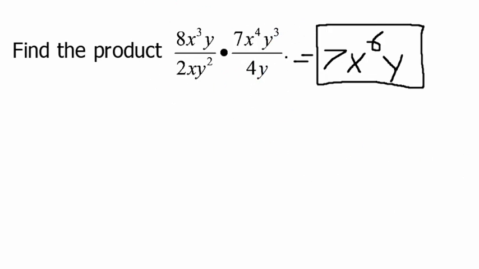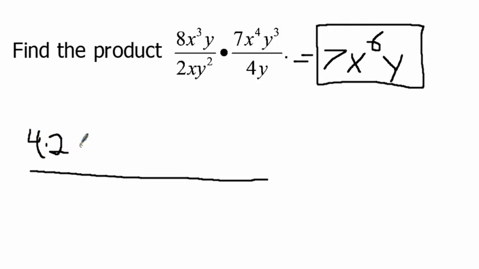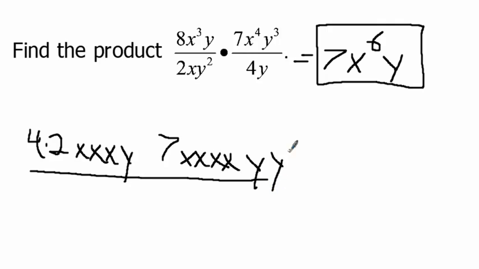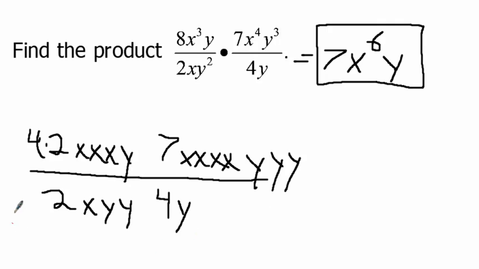So if I want to write these out, in the numerator I have 4 times 2, that's 8, x, x, x, y, 7, and so on. I can actually write out every single x, every single y. If this makes it easier for you to factor out, that's fine.